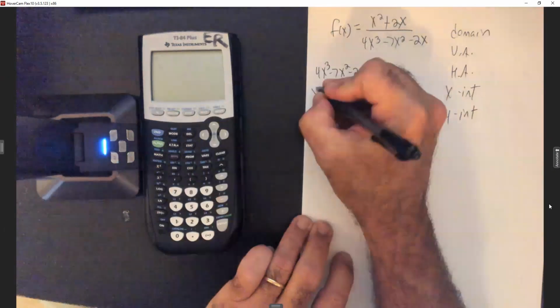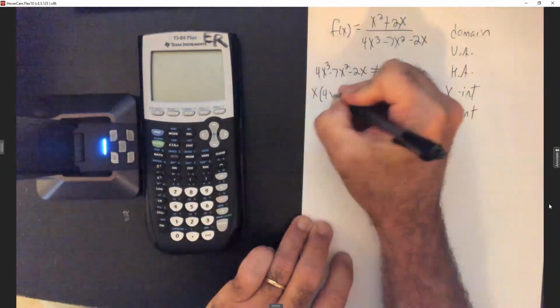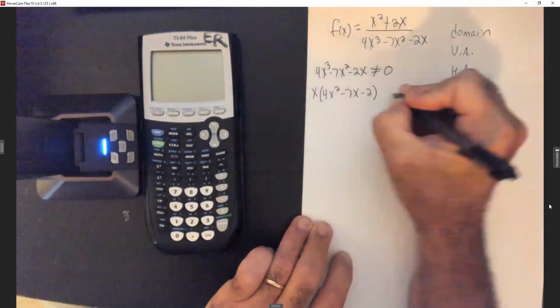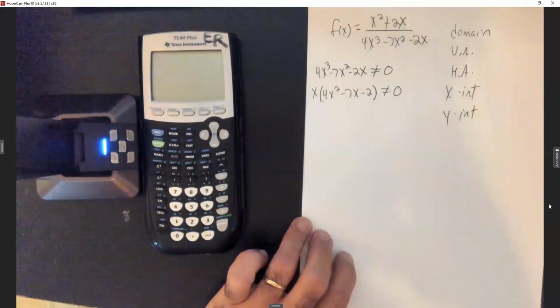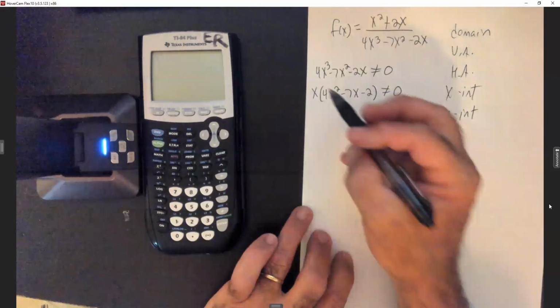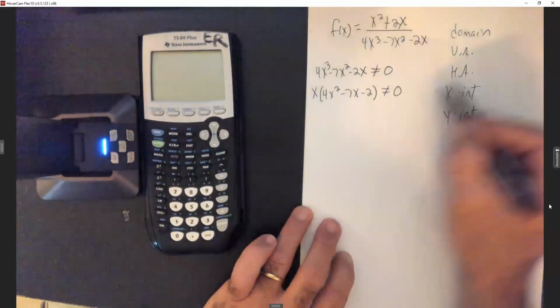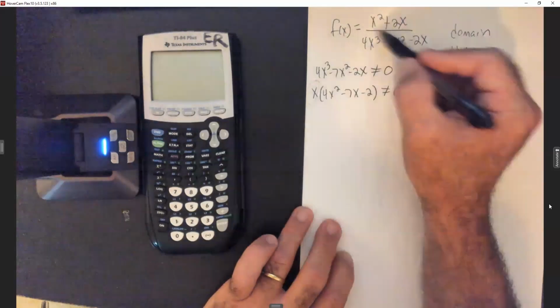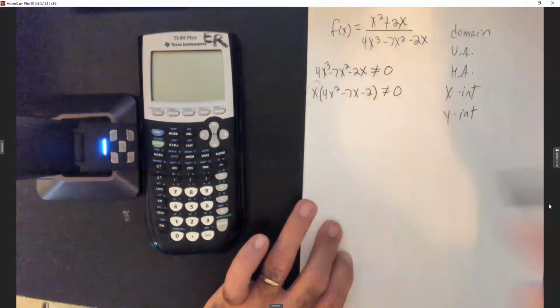That'll leave 4x squared minus 7x minus 2 not equal to 0. All right, so y'all watch the top. When we get to these vertical asymptotes, since I had this single x, I'm going to get single x's on the top, so I know I'm going to cancel zeros again and vertical asymptotes, okay?